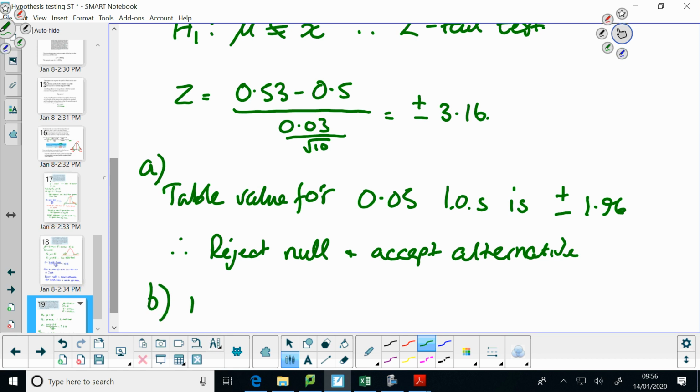Part B, table value for 0.01. Sorry, .05. That level of significance, just shorten it.